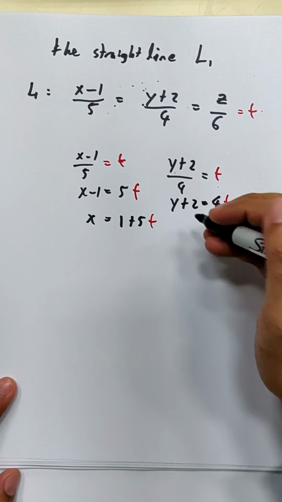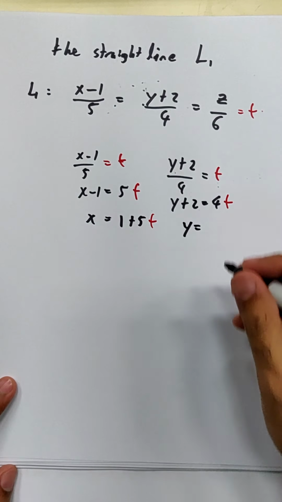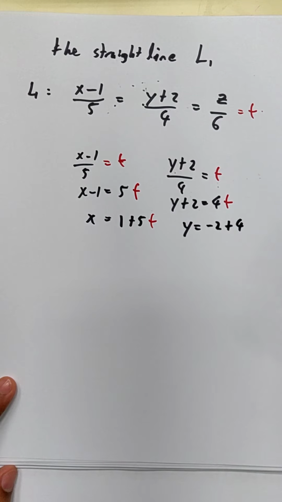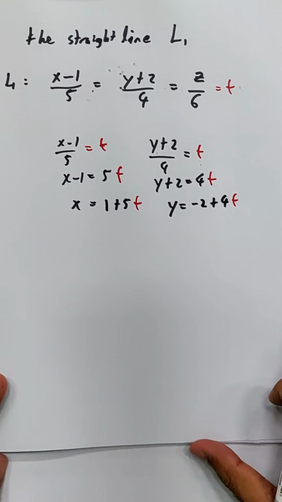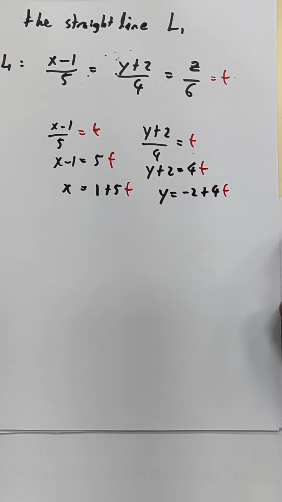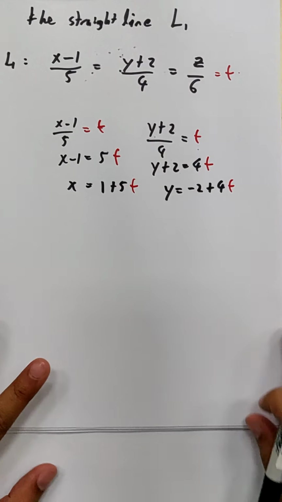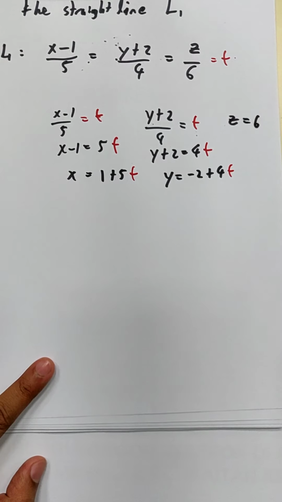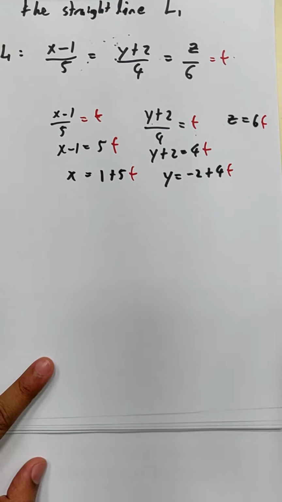And finally, y equals -2 plus 4t. Are you keeping up? Very good. What about the last one? I'll let you try. z equals 6t.